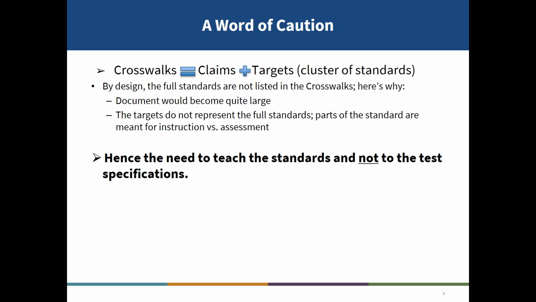Obviously, it's because, like we said, the targets focus on the major work of the grade level for claim 1, and the document would become too large if we had to list all of them. And sometimes the targets don't represent the full standard, but part of the standard that is meant for assessment versus instruction.